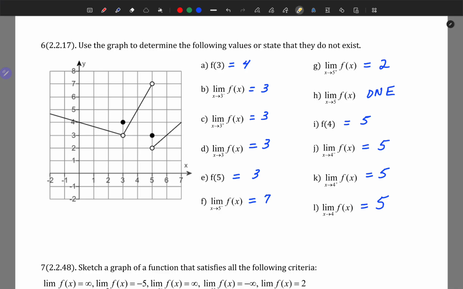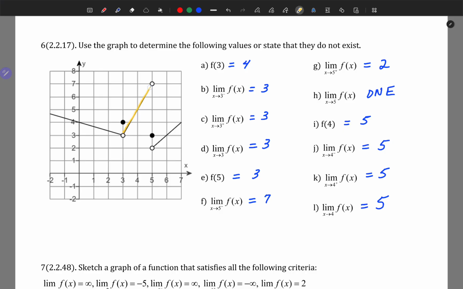Now, f of 5. F of 5 in this problem, you'd say, well, the function evaluated at 5, that's yet another answer of 3. A lot of answers of 3 here. Up next, the limit as x approaches 5 on the left-hand side. As I approach 5 on the left-hand side, I need you to understand you're on this part of the function up here.